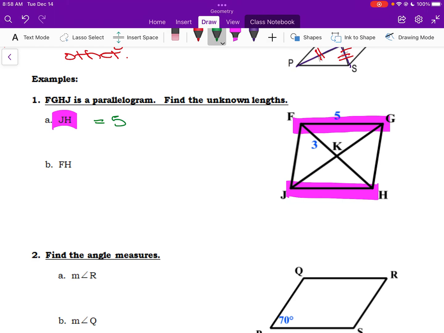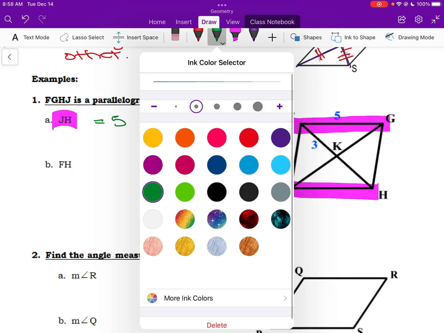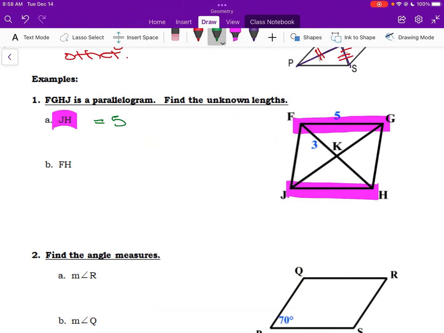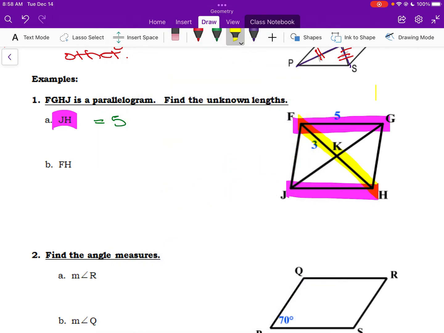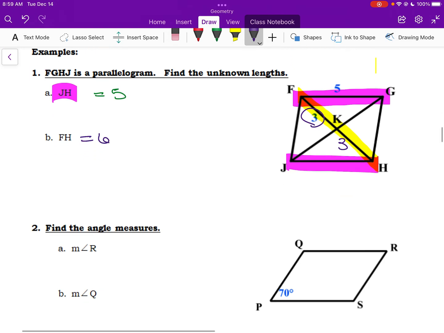FH is going to be the length of the full diagonal, this whole thing here. So if half of it is 3, which is given to me here, then I know it's bisected. This also has to be 3. So the full length is going to be 6.